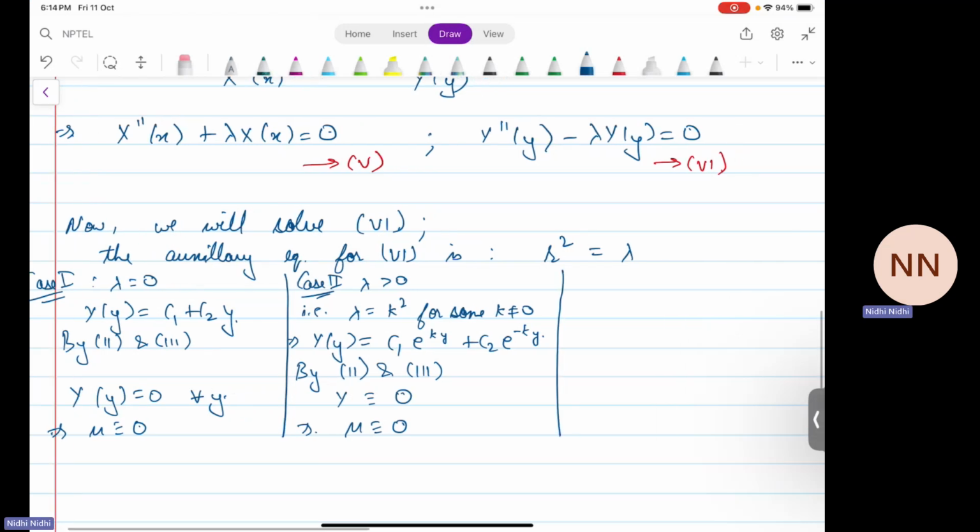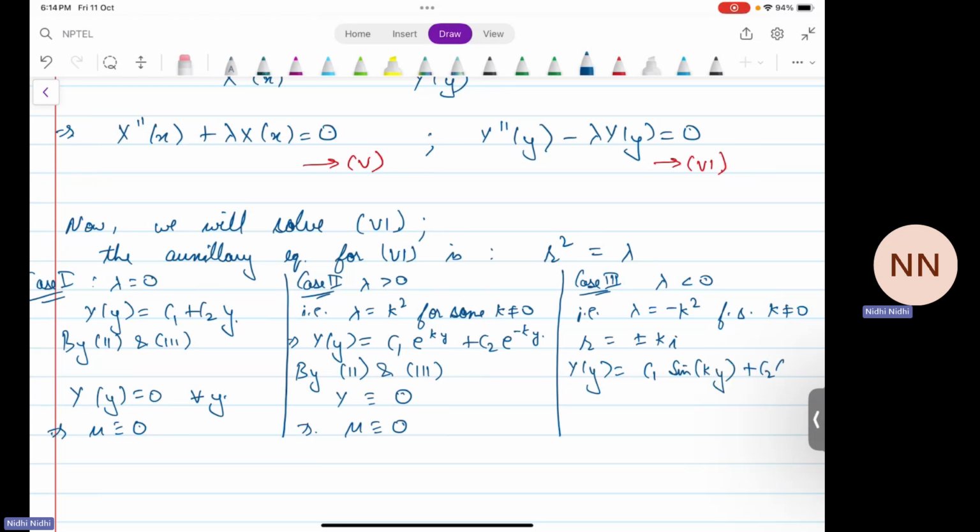The third case will be when lambda is negative. That is, lambda is equal to minus k square for some non-zero k. In that case, we will get r is equal to plus minus k iota. That gives us y is equal to c1 sine ky plus c2 cos ky.